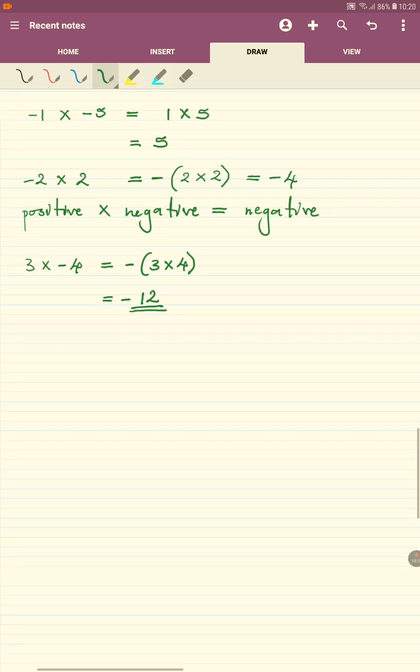The same with division. If you have a positive number that is being divided by a negative number, your answer will be negative.